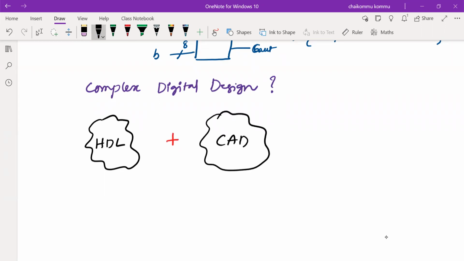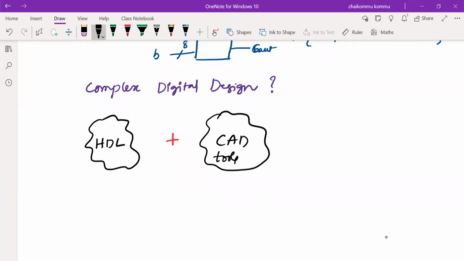Once your design is in the form of a language, we have to use computer aided design tools, normally called CAD tools.